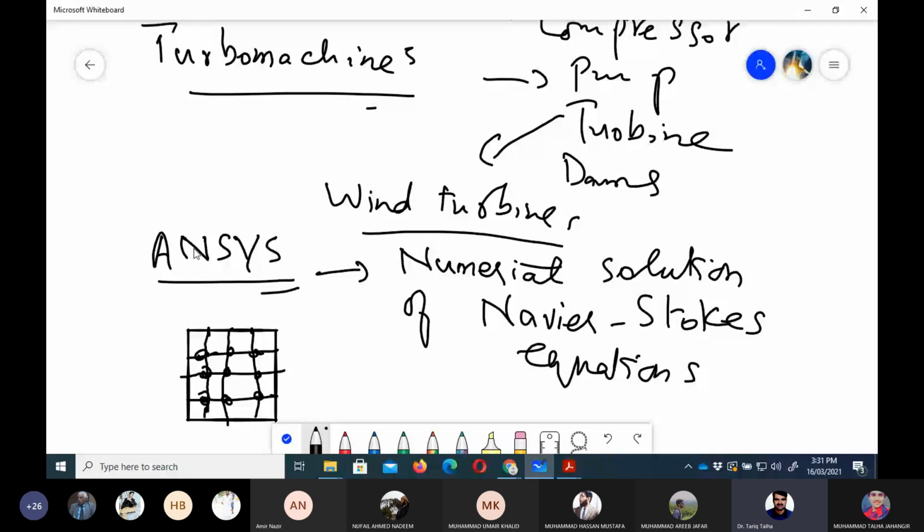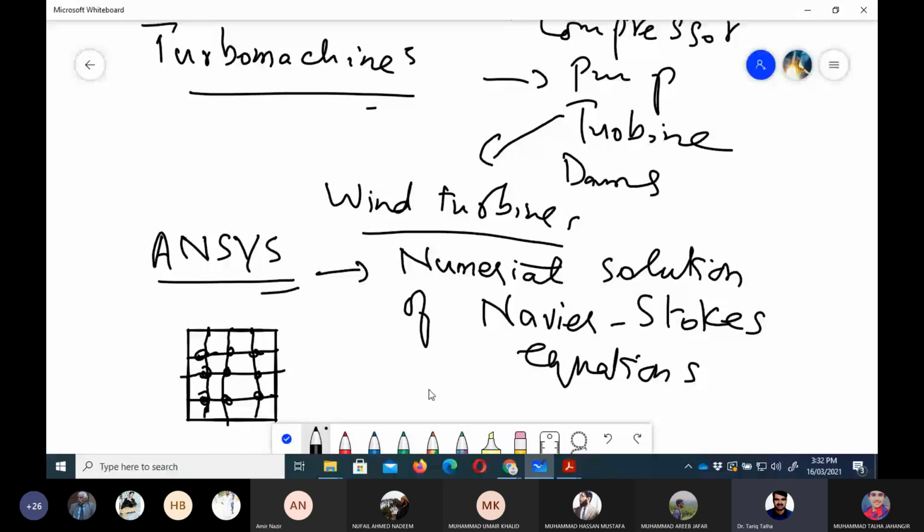I would provide you some initial guidance and give you a project on ANSYS, and provide you with the tutorials and everything set up so that you can get familiarized with this numerical solver. That would be a good learning curve for you guys. Okay, so that was chapter number 6.